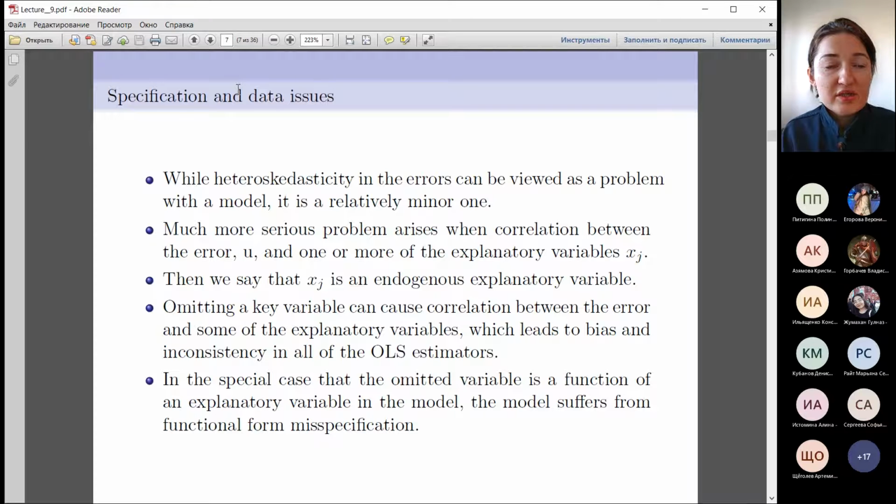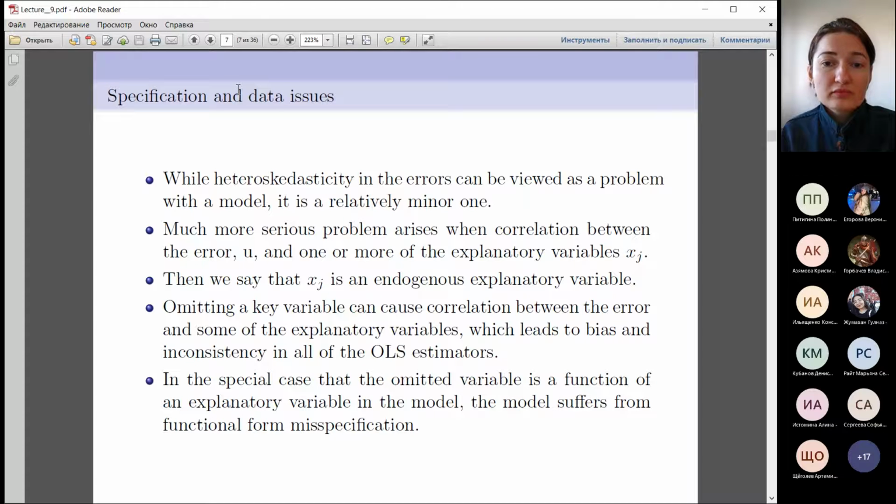But before this, you should again remember that not all, but most of the problems arise when you violate some assumptions connected with the error terms. Last time we discussed the heteroscedasticity problem. You remember, this means that the variance of our error term will not be constant across the explanatory variables, across the different groups of populations.